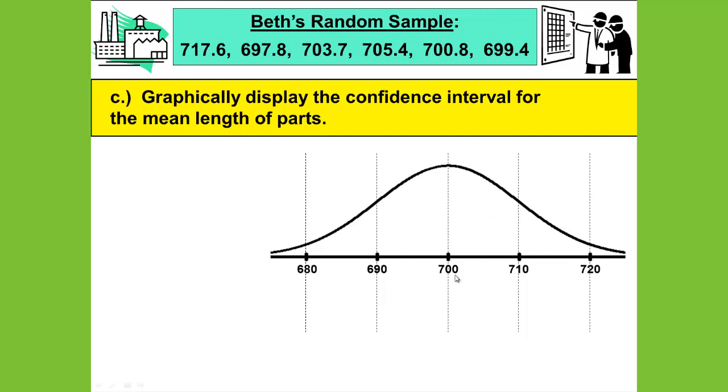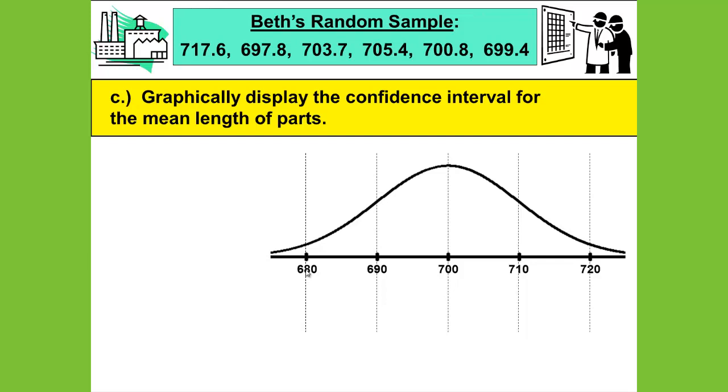And that is why we've placed 700 in the center of our normal curve, and we've counted by 10 up and subtracted 10 down, and that's where we get 700 in the center, then 710 and 720, 690 and 680 to the left. Notice Ms. Borlaug did go out 2 standard deviations in both directions.